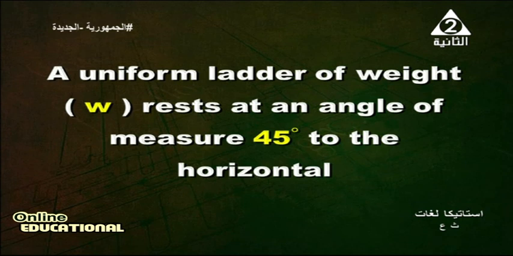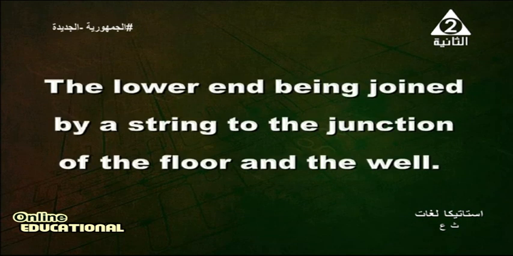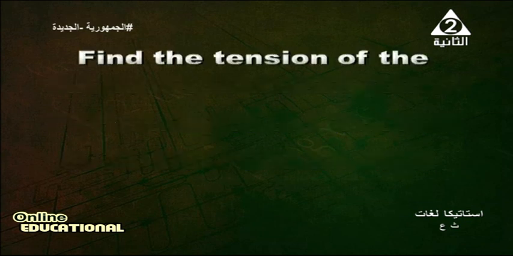Another example. A uniform ladder of weight W rests at an angle of measure 45 to the horizontal. Its ends rest on a smooth floor and against a smooth vertical wall, the lower end being joined by a string to the junction of the floor and the wall.